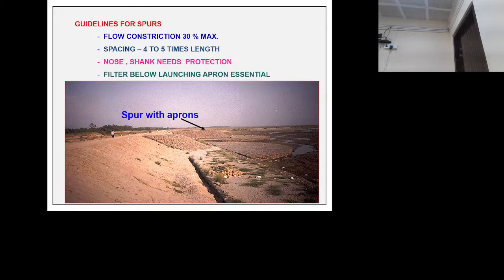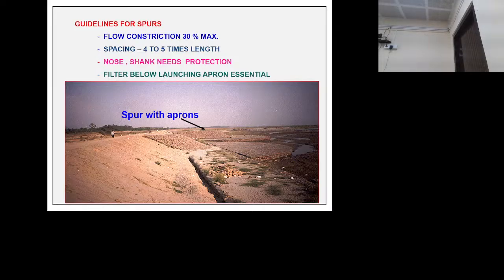The height of this spur would be decided by the maximum HFL plus 1.5 freeboard. I will write freeboard. It will differ from 1 to 2 meters depending upon the discharge. And this is the launching apron.